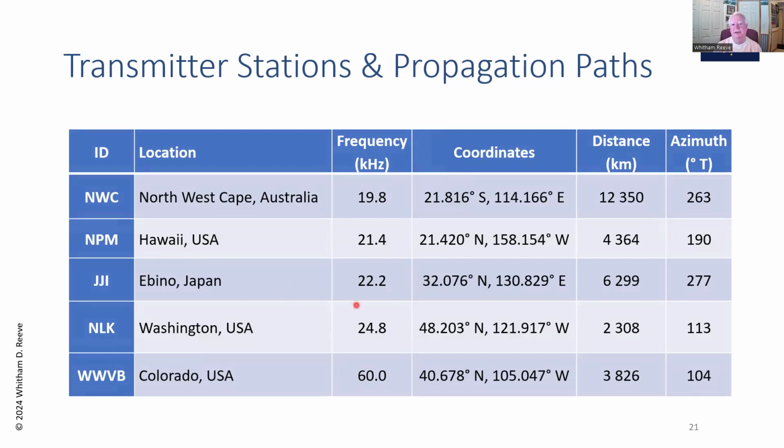So I ended up with Northwest Cape in Australia at almost 20 kilohertz, all the way through to Colorado at 60 kilohertz, and roughly scattered in between there. And the distances varied from a couple thousand kilometers away for the transmitter up to almost halfway around the world for the one in Australia.